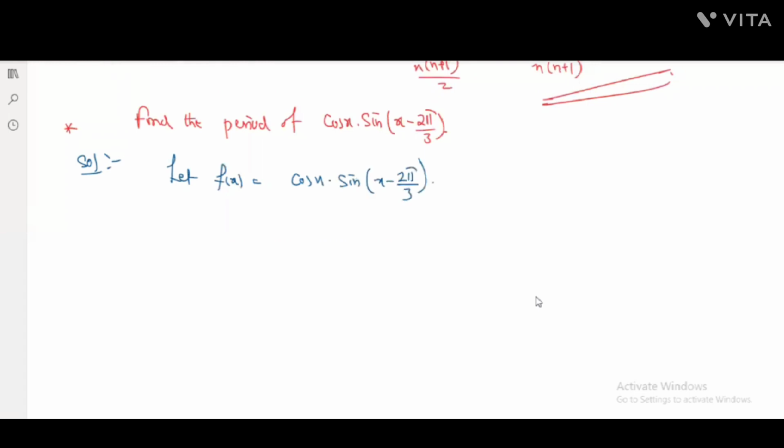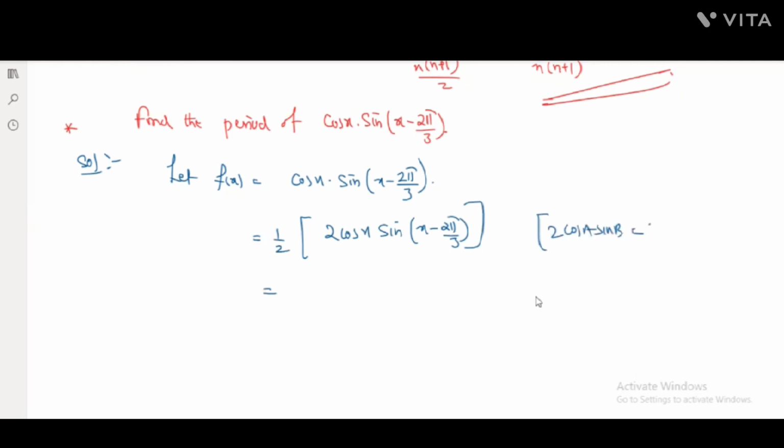If I multiply and divide by 2, I'll get 1 by 2 into 2 cos x into sin of x minus 2 pi by 3. So this is 2 cos a sin b, a formula we know.